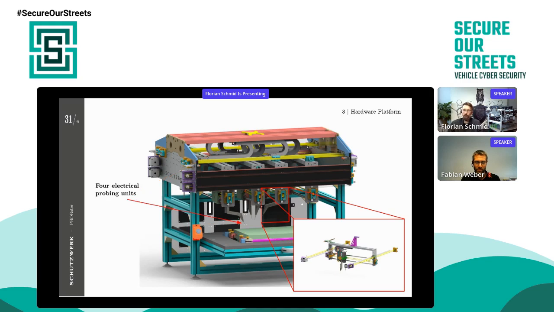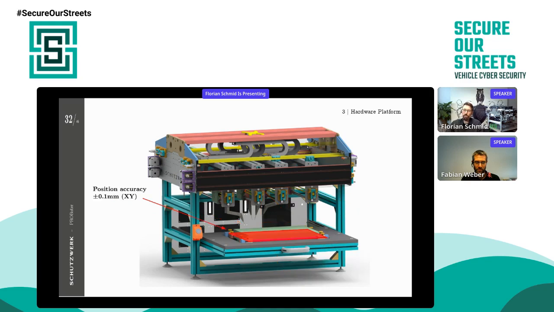In total, there are 4 electrical probing units, and each of the probing units is able to have a precision accuracy of 0.1 millimeters.